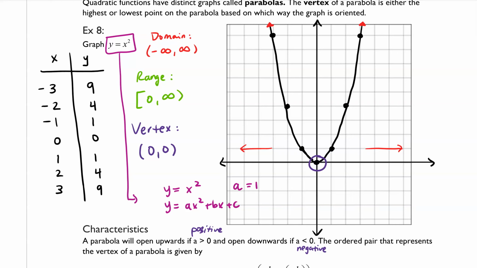Since a equals 1, and 1 is a positive number, that means we're going to have what I like to call a smiley face, because it's opening upwards. If a were a negative number, then our parabola would open downwards, and it would be a frowny face. And we'll see more examples of that later in these videos.